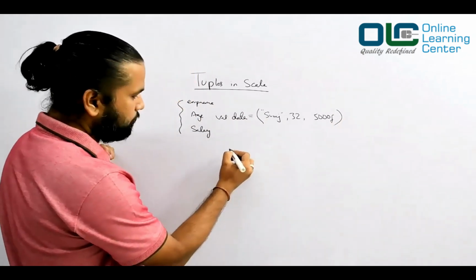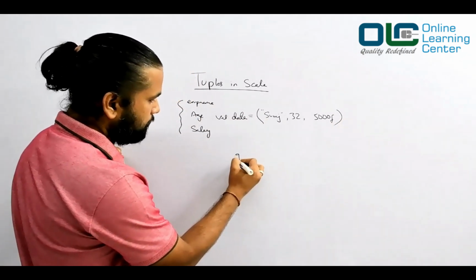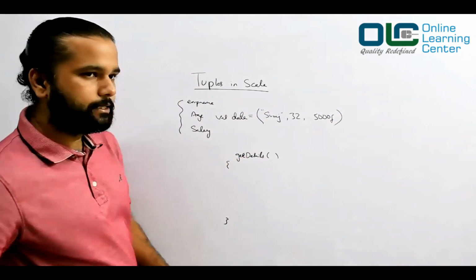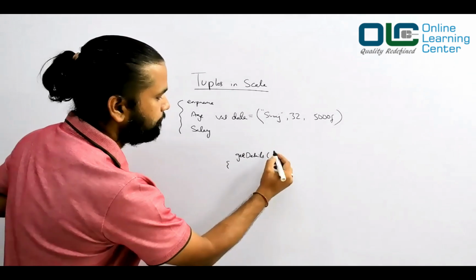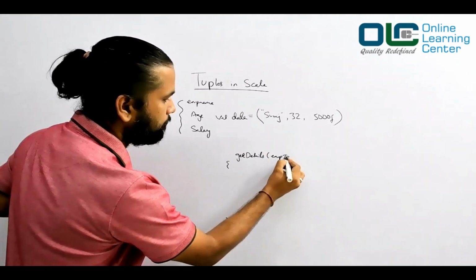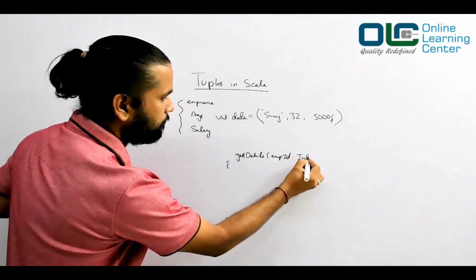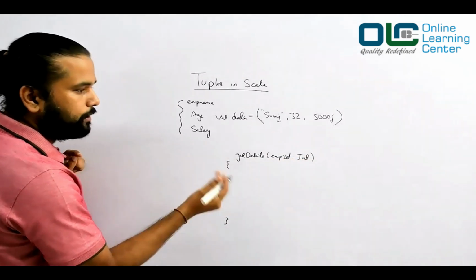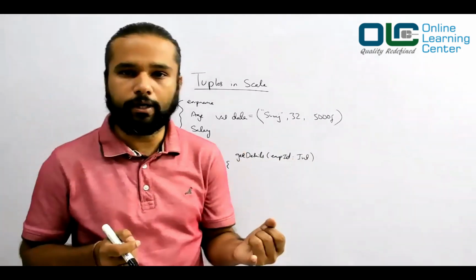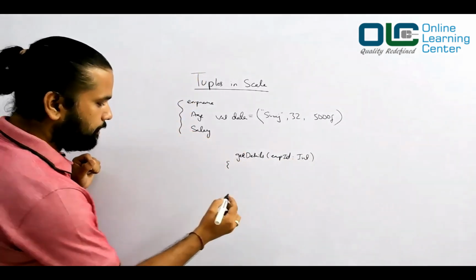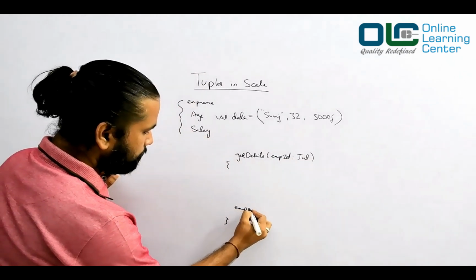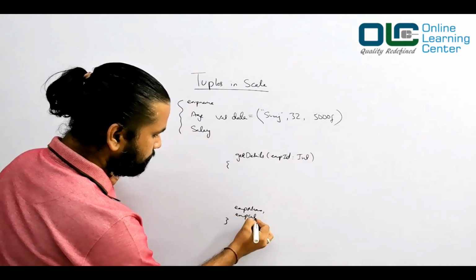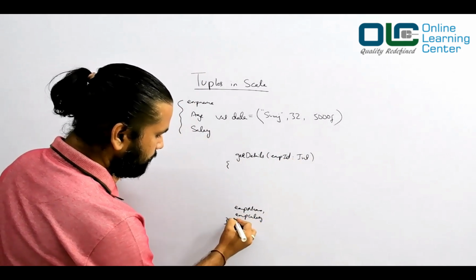Can you give me a real-time requirement? Suppose you have a method called get details wherein you pass some employee ID, and then you do some operation here, and you would like to return some information of an employee, and that could be, say, employee name, employee salary, and employee age.